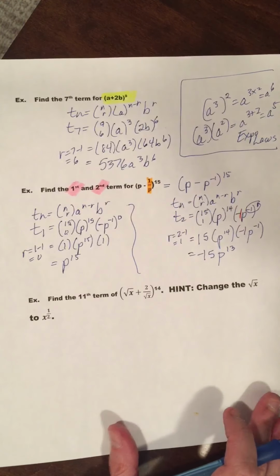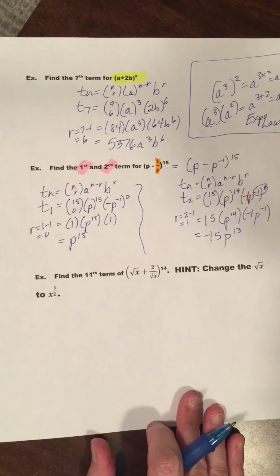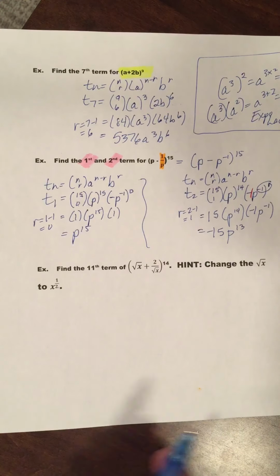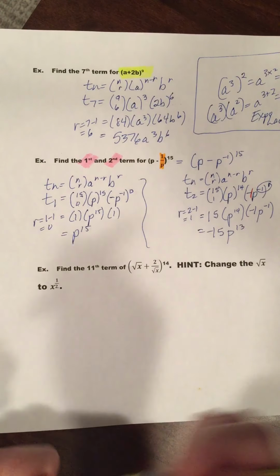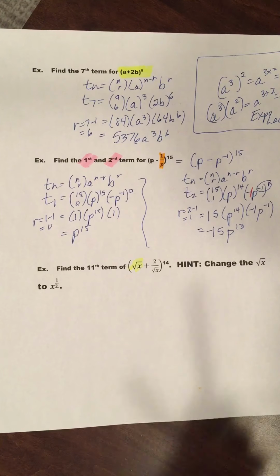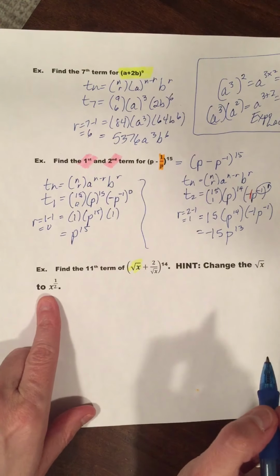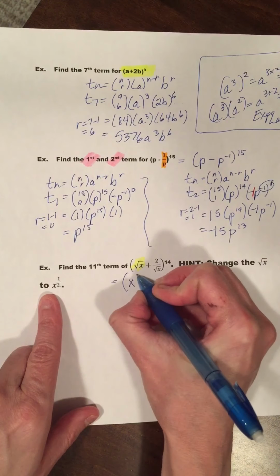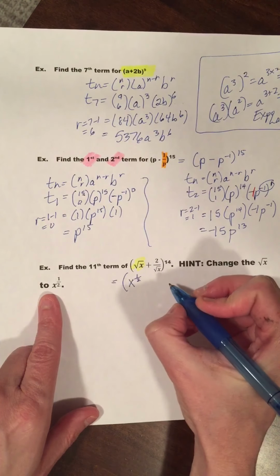Beautiful. Okay, let's get to the piece de resistance, the one that would really rock your world. And the one that really rocks your world is the square root of x. Because the square root of x can also be written with a rational exponent, and that's x to the half.